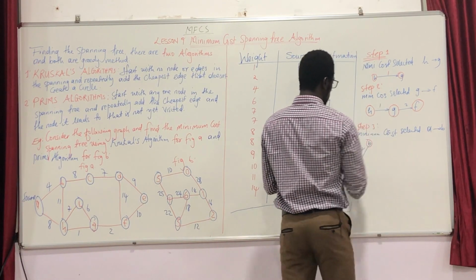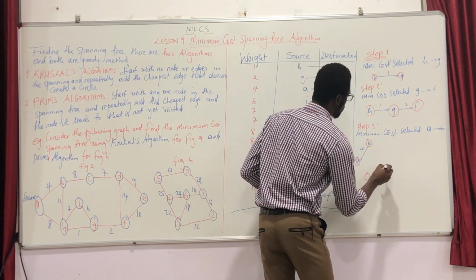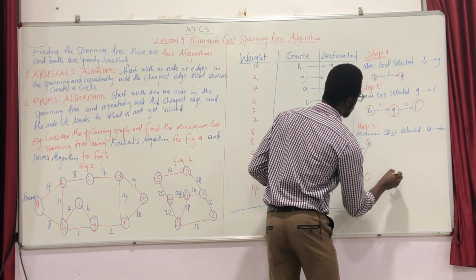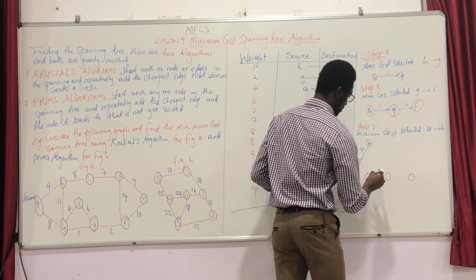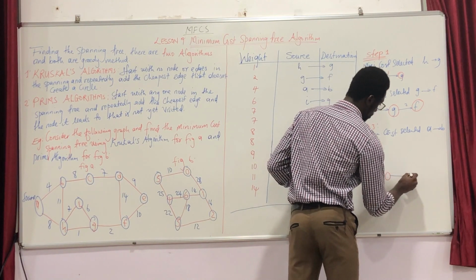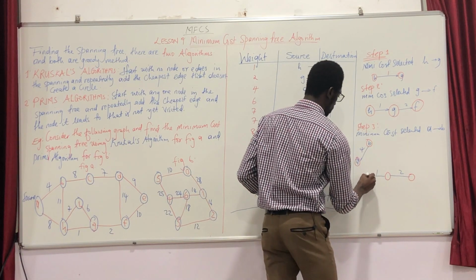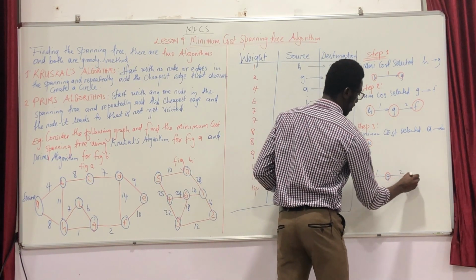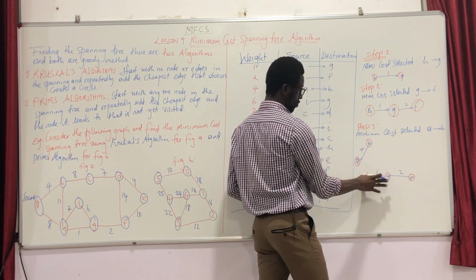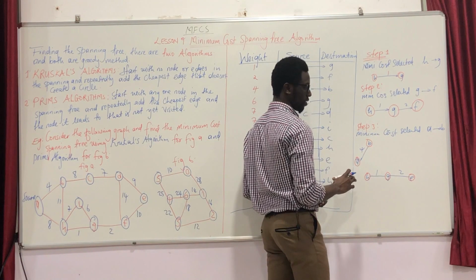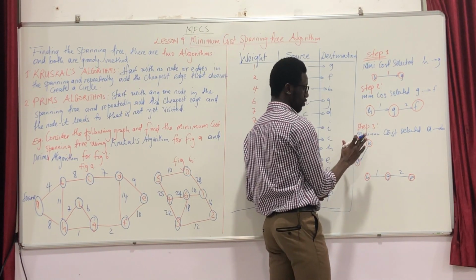Then we'll have this H, G, and F, which is 1, 2. This is H, G, and F. We select this node because it's not connected to this and no loop is formed. Whenever we select a node that forms a loop, we ignore that node.